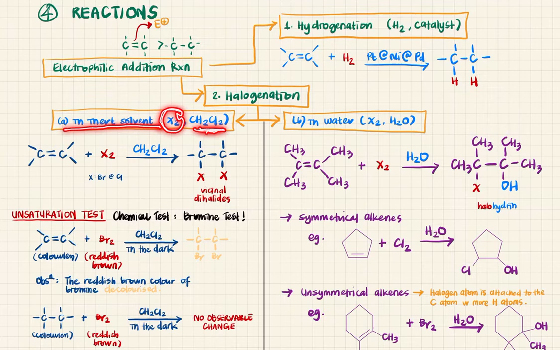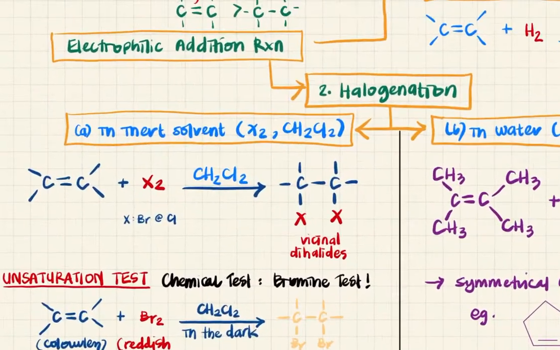And here you have another way to halogenate your alkene: adding halogen in water. So you will use your halogen molecule in aqueous solution, where you have water.